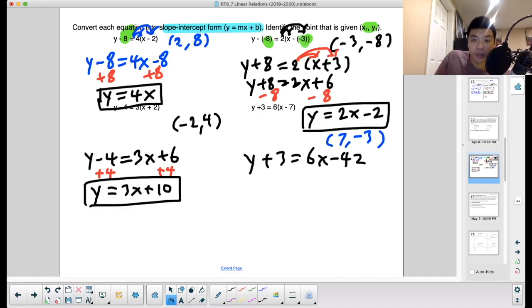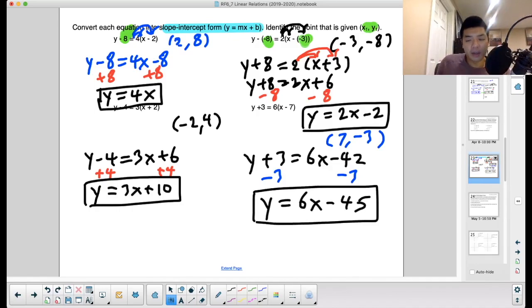To isolate for y, we subtract 3 from both the left and the right sides. Finally, we're left with y is equal to 6x minus 45.